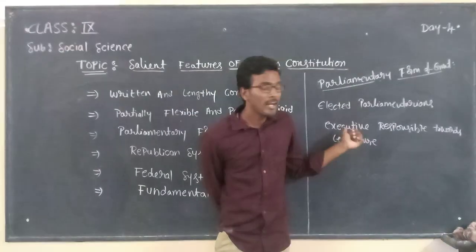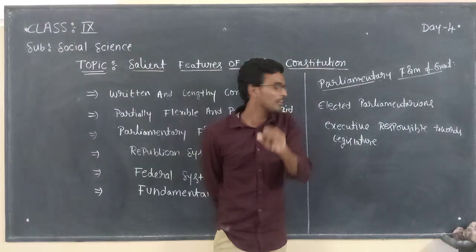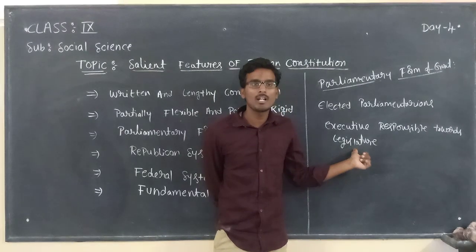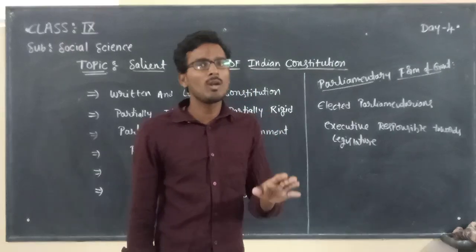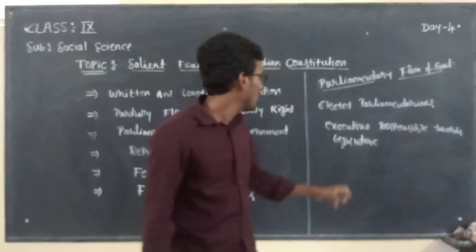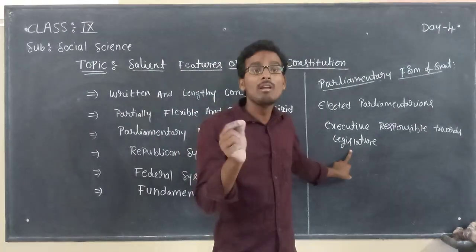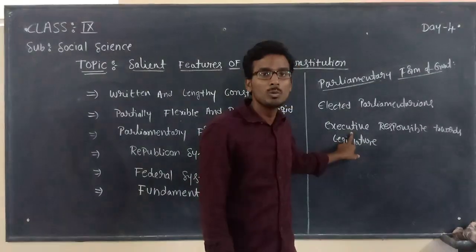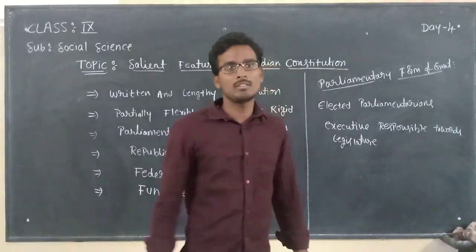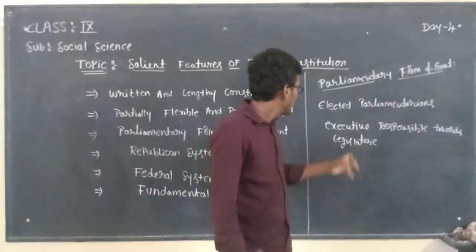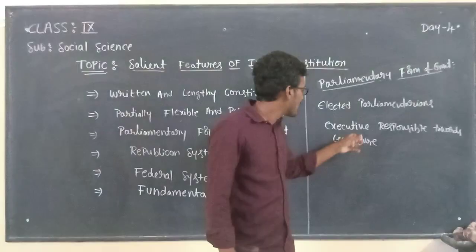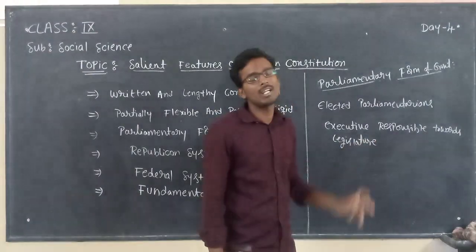Remember carefully, the executive is one of the organs of the government and the legislature is also one of the organs of the government. Already in the previous classes you learned that the legislature makes laws and the executive implements laws. So, in our parliamentary form of government, the executive is responsible towards the legislature.